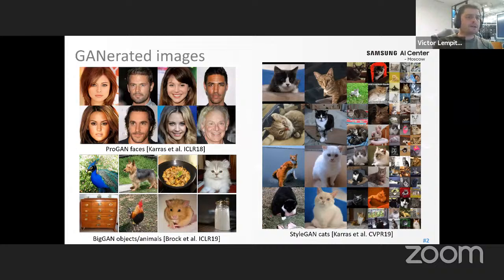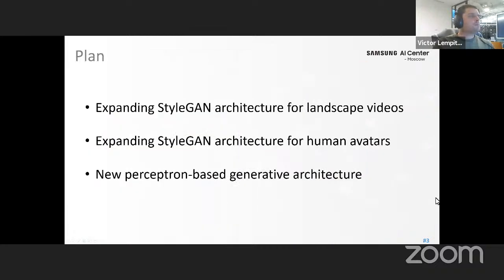Specifically, I will be talking about three things. First, I will present two extensions of StyleGAN beyond the domain of 2D images. I will show how it can be extended to two new domains, landscape videos and 3D human avatars. Both extensions were driven by the need to solve some applied problems we were interested in at Samsung.